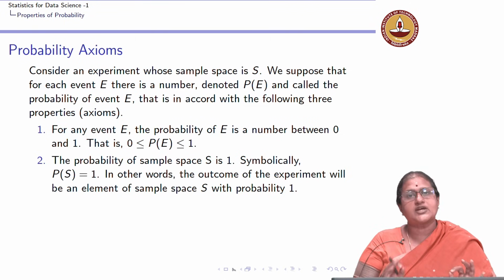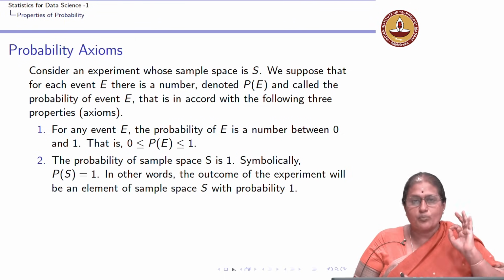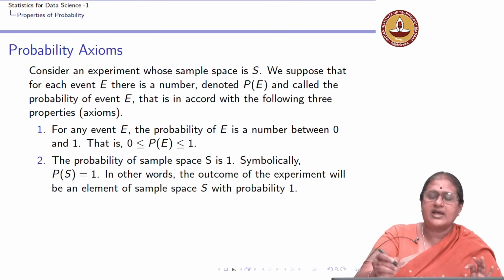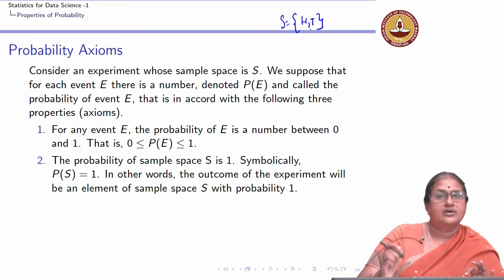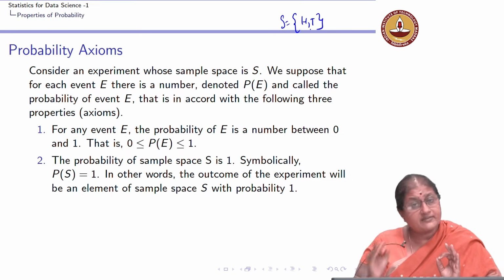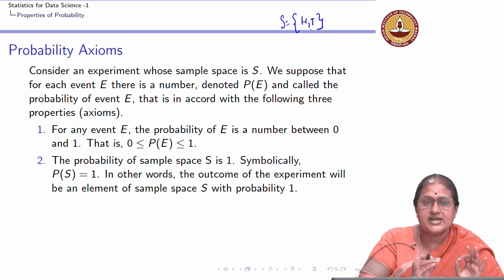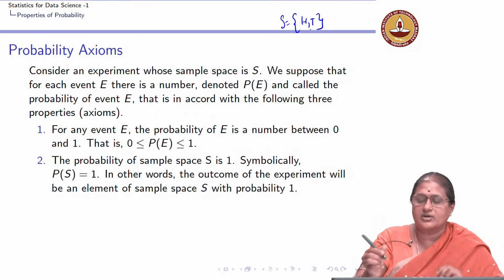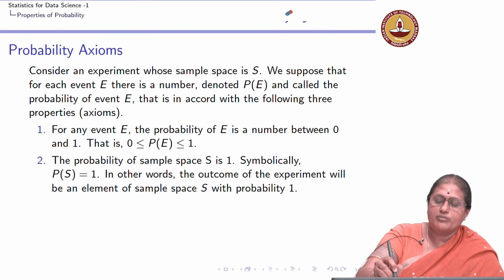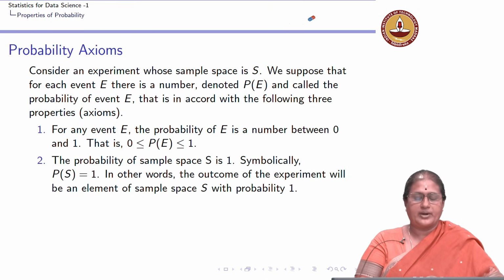So, if I toss a coin, what are the outcomes? Head and tail. Both these outcomes are elements of the sample space. So, I cannot have an outcome of an experiment which does not belong to my sample space. The sample space is the collection of all outcomes. So, that is why probability of the sample space is equal to 1.